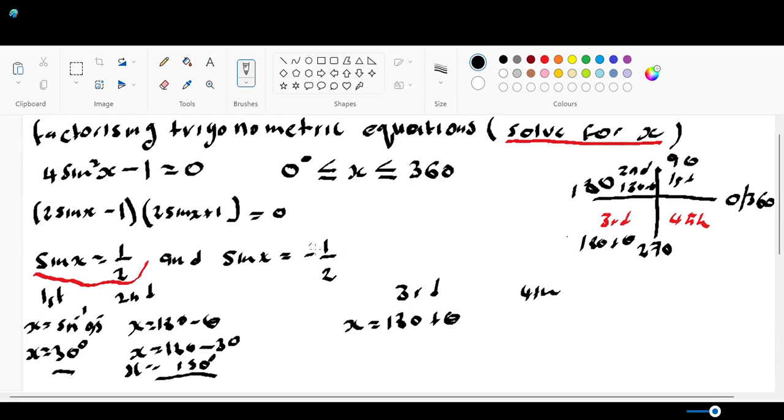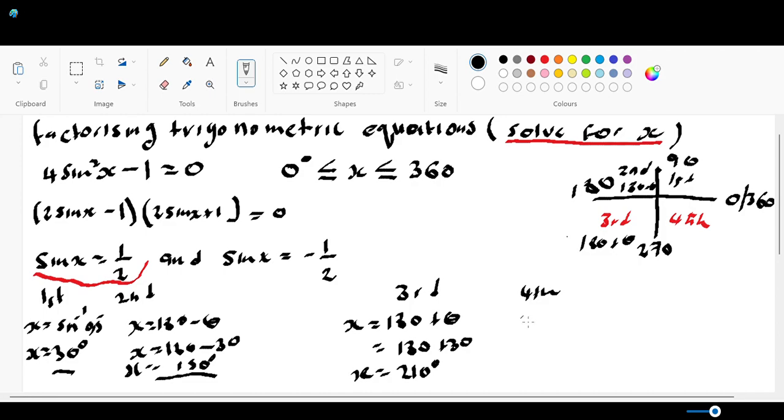It's just that here it's negative. It's 1/2. So that will give us 30. So we can say 180 plus 30. So the answer here is going to be 180 plus 30. So 180 plus 30 is equal to 210. So this one here is going to be 210. So that is your x on your third quadrant.